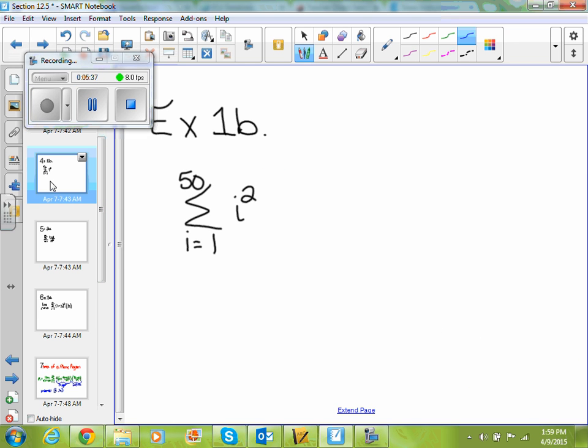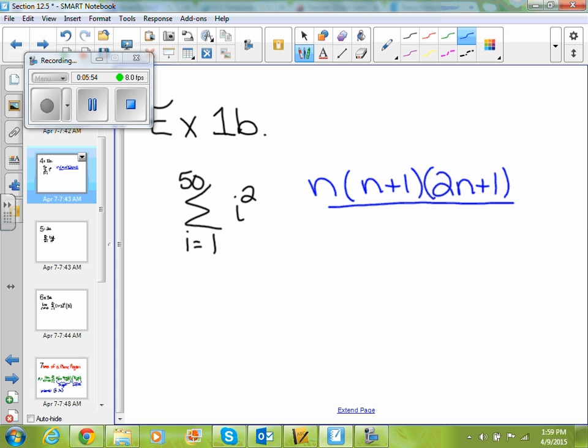Okay, so if I do the same thing for the sum from 1 to 50 of I squared, I know that the formula for I squared is n times n plus 1 times 2n plus 1 divided by 6. And in this case, my n is 50.